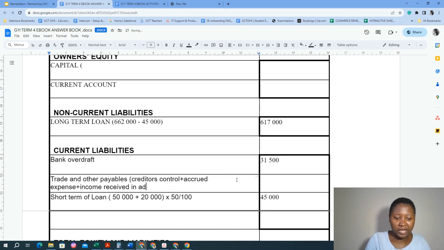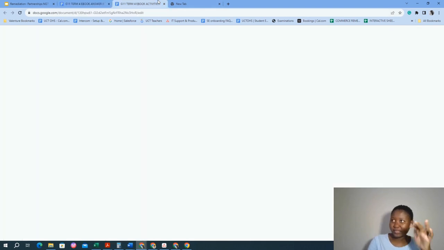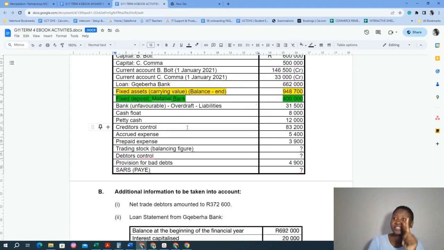So here we are done with the obvious. However, there are things like VAT, value added tax, because when we're taking VAT, we are collecting it on behalf of SARS. You get it? And that amount that is due to SARS will usually be an obligation for us as a business to pay over to SARS.